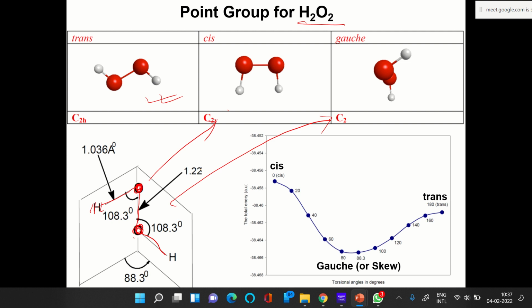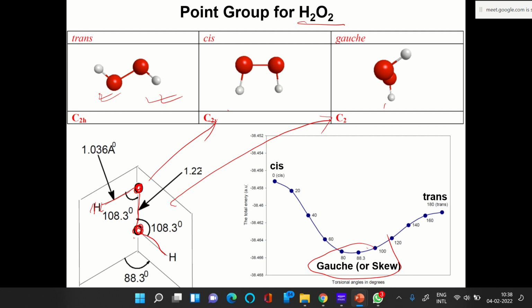So it has been found experimentally that the Gauche conformation, this particular picture, is the most stable form of H2O2. Although if you look from the point of view of electronic repulsion that I told you in VSEPR theory, simply by repulsion the other form should have been more stable. But in this case, the Gauche conformation is found to be more stable.